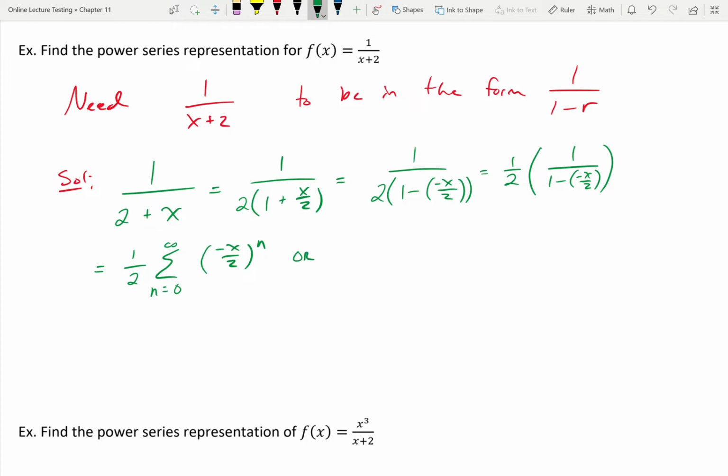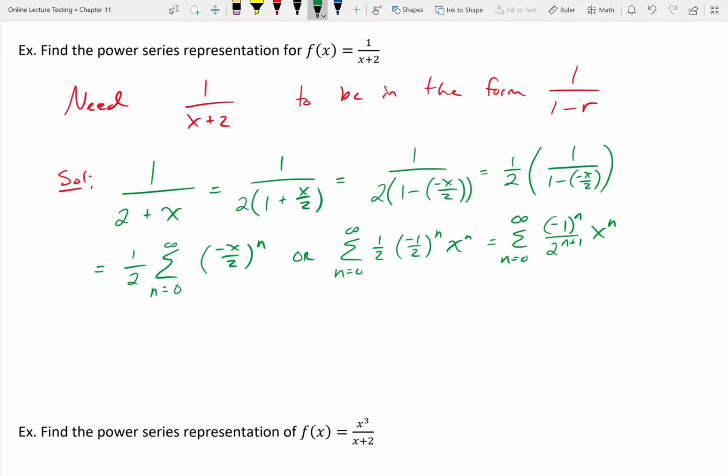Another way to write this more simplified is I can bring that 1/2 in, and then say (-1)^n over 2^n, because that's the coefficient here, x to the n, which we can rewrite again, just a little bit more simplified, as (-1)^n over 2^(n+1), because we actually have an extra copy of 2, x to the n. This is just a simplified version.